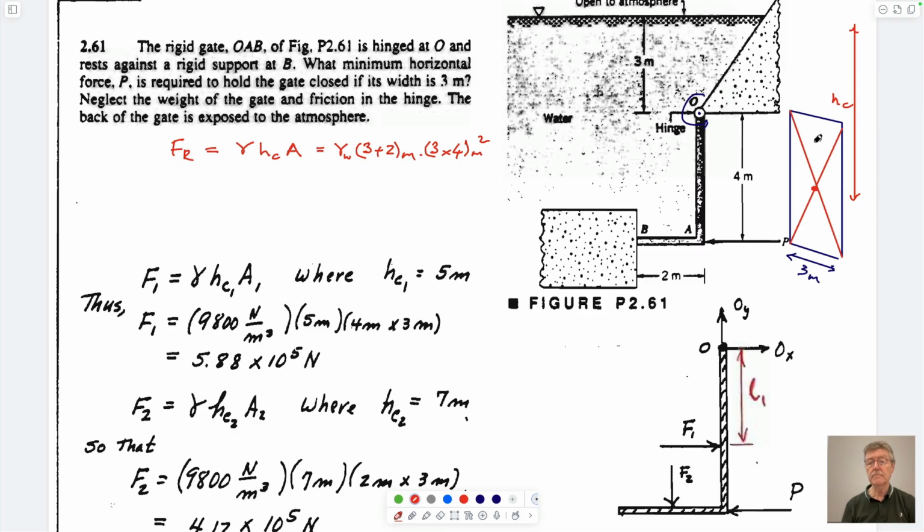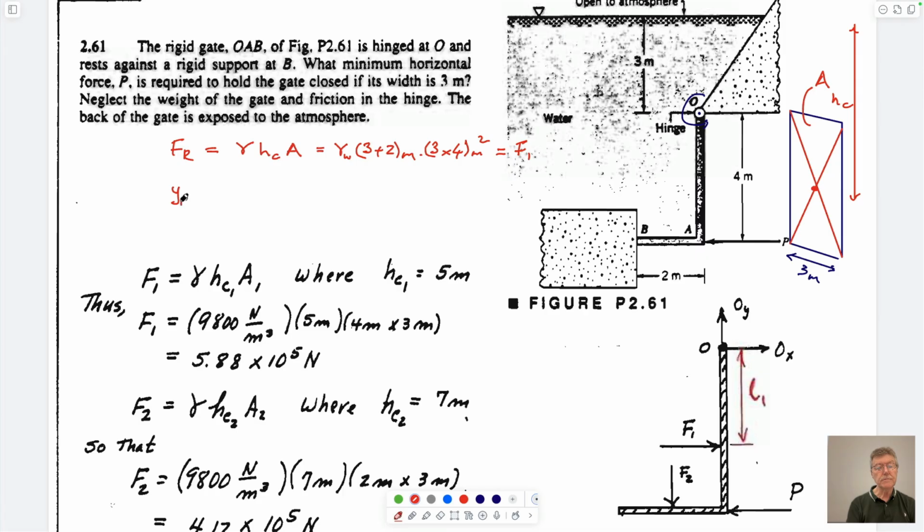That's the area of the gate. So that's the area, and so this is the resultant force. In this particular case, this is equal to F1. You see the calculations here: this is 3 plus 2, this is 4 times 3, etc. All worked out.